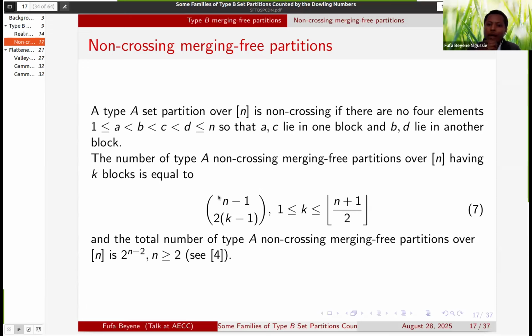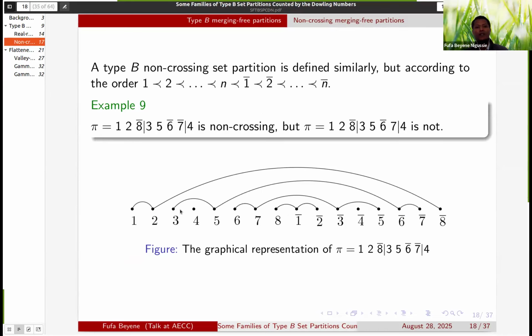The type A version of non-crossing merging free partitions having k blocks is enumerated by this binomial coefficient, and the total number is given by 2^{n-2}. We have enumerated type B non-crossing merging free partitions, and one can represent non-crossing partitions by this kind of graphical representation, where arcs are obtained by joining elements of a block.